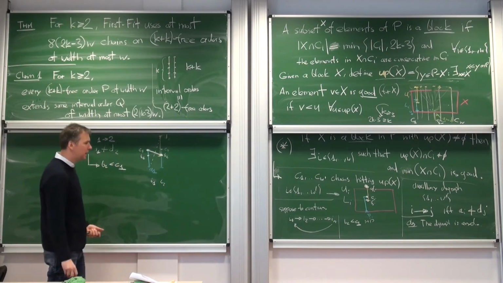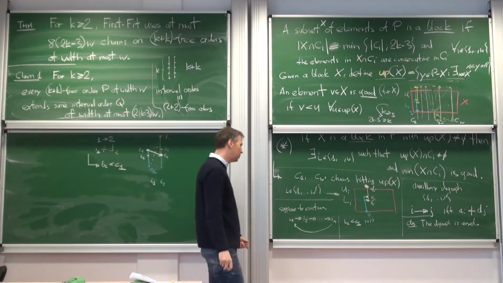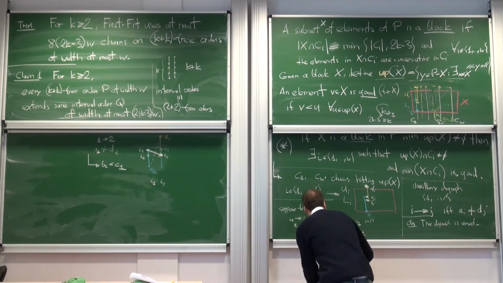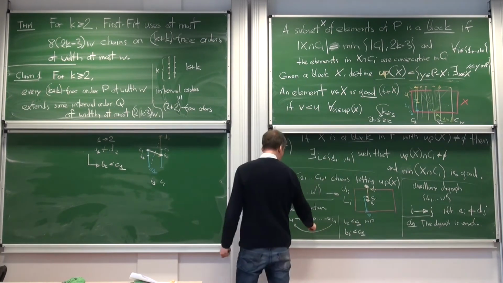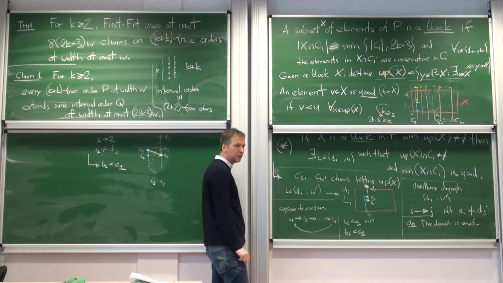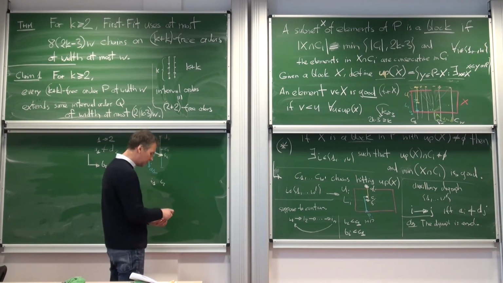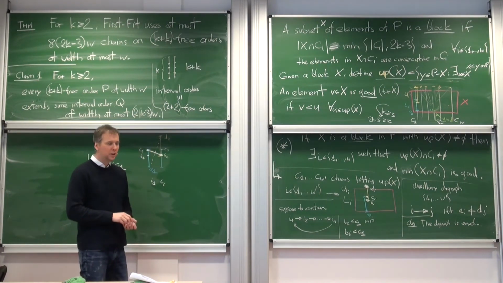Now I want to make a step, and I want to actually show that Bi is less than C1 for each i from 2 to n. I showed it for i equals 2. So let's continue and do i equals 3.